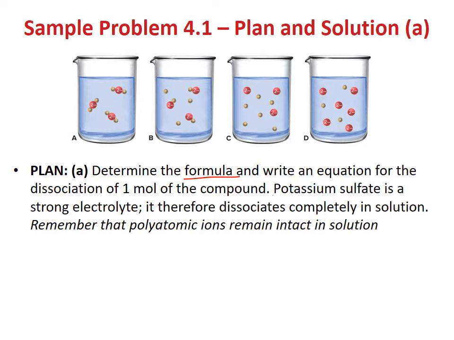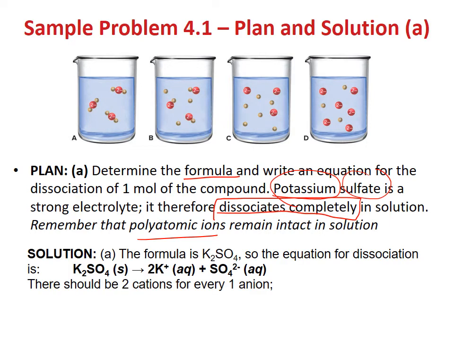Potassium sulfate contains the group 1 cation potassium, which is a strong electrolyte, and therefore it should dissociate completely. This is important because it's a strong electrolyte. And also remember, sulfate is a polyatomic ion which remains intact in solution.